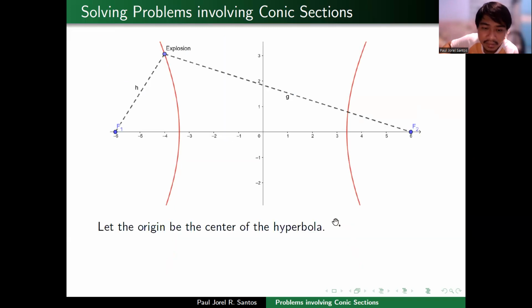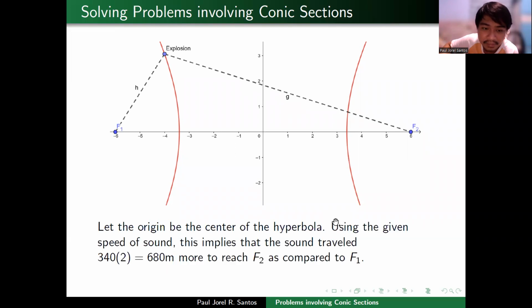Now let the origin be the center of the hyperbola. Using the speed of sound, this implies that the sound travels 340 times 2, which is 680 meters more to reach F sub 2 as compared to F sub 1.